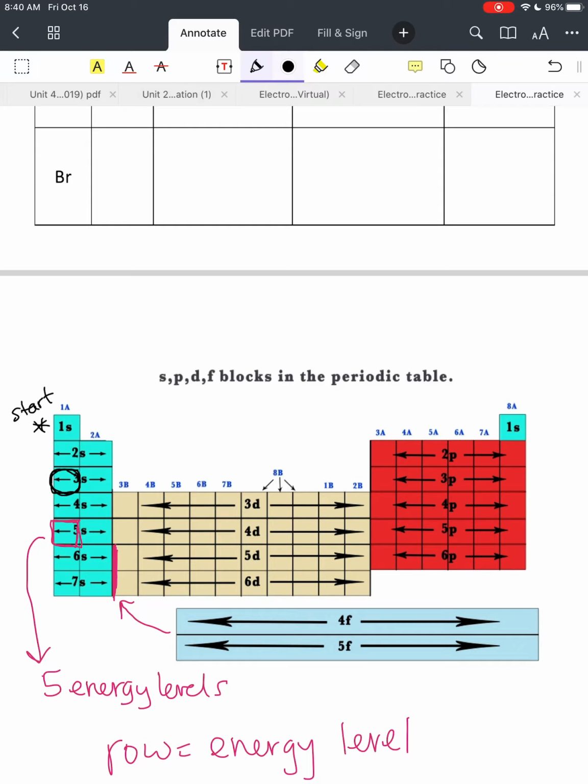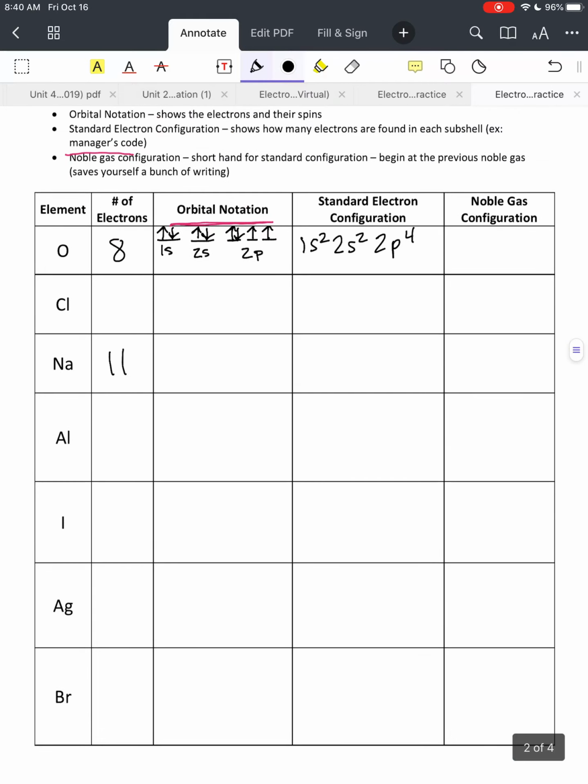So I'm going to have a 1s, a 2s, a 2p, and a 3s. So 1s, 2s, 2p, oh, and a 3s. Okay, I think your page is a smidge bigger than mine on here.